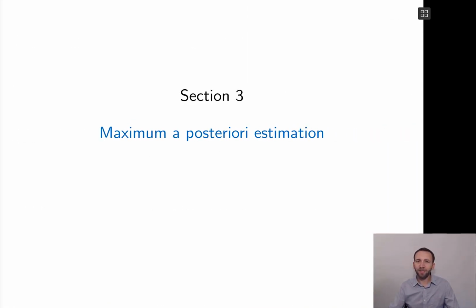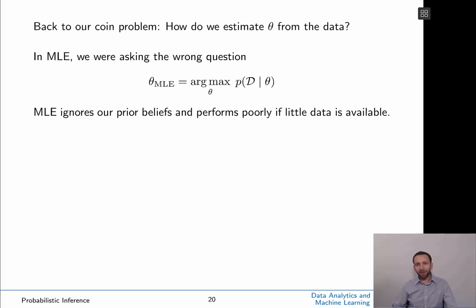Okay, so now we come to the maximum a posteriori estimate, which I already told you what it is about. Remember our original question: we wanted to reason about how the next coin will behave, or what the outcome of the next coin is, and for this we wanted to compute this theta value. As it turns out, the maximum likelihood estimate was really not the right question we were asking. It was a weird phrasing, right?